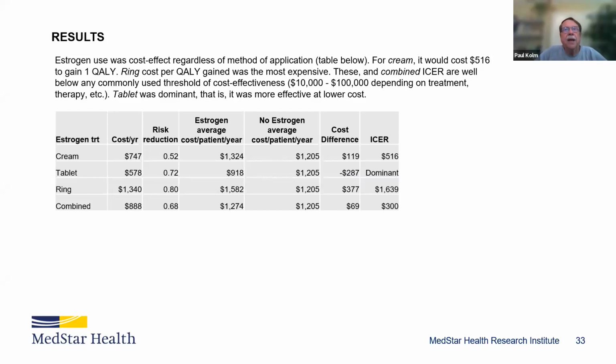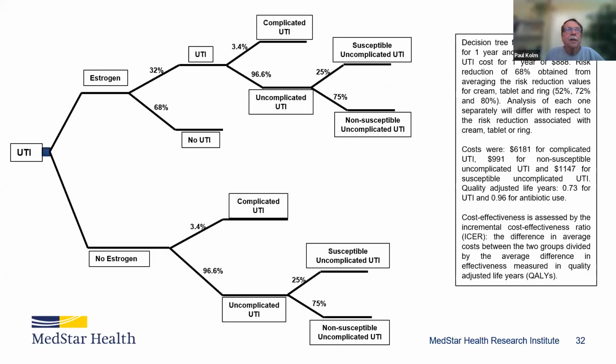So in this case, I'm not going to go into it here, but what we would do then for sensitivity analyses, if I can go back here to the slide, we would vary some of these inputs. So for example, what if this was say 65% instead of 68 or 60%? What would it be? Or for no estrogen, what if this was 5%, or what if it was 2.5%?